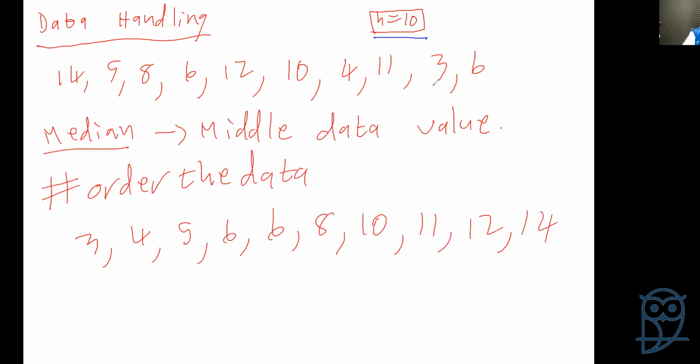So just to be sure that we have got everything, 3, 4, 5, 6, 6, 8, 10, 11, 12, 14. It is very important you actually check this. And when you do this, you actually mark off the values, because that way you can actually get stuff to work properly.